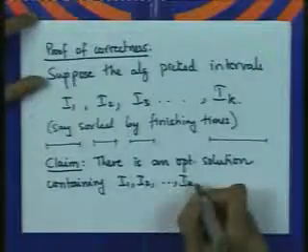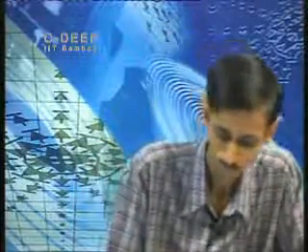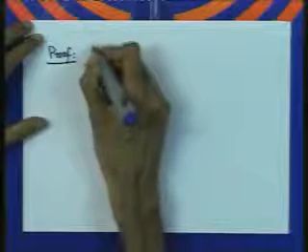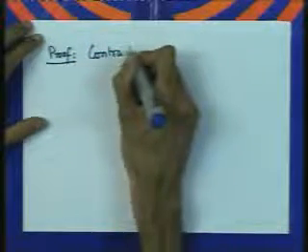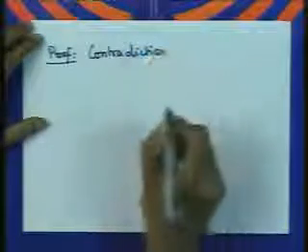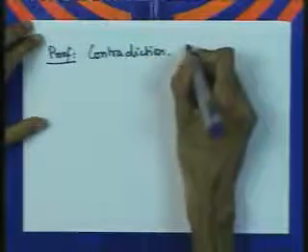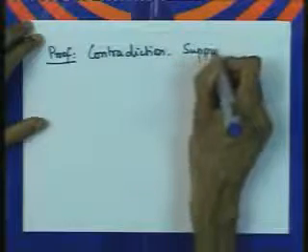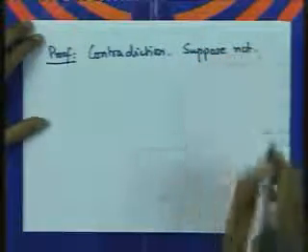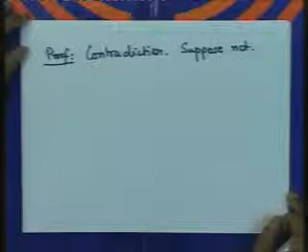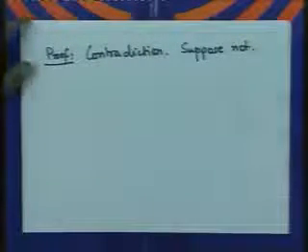So if we prove this claim, we are done. The proof of the claim is by contradiction. So we start off by saying suppose not, which means suppose the statement is false: there is no optimum solution which contains I1, I2 all the way up to Ik.